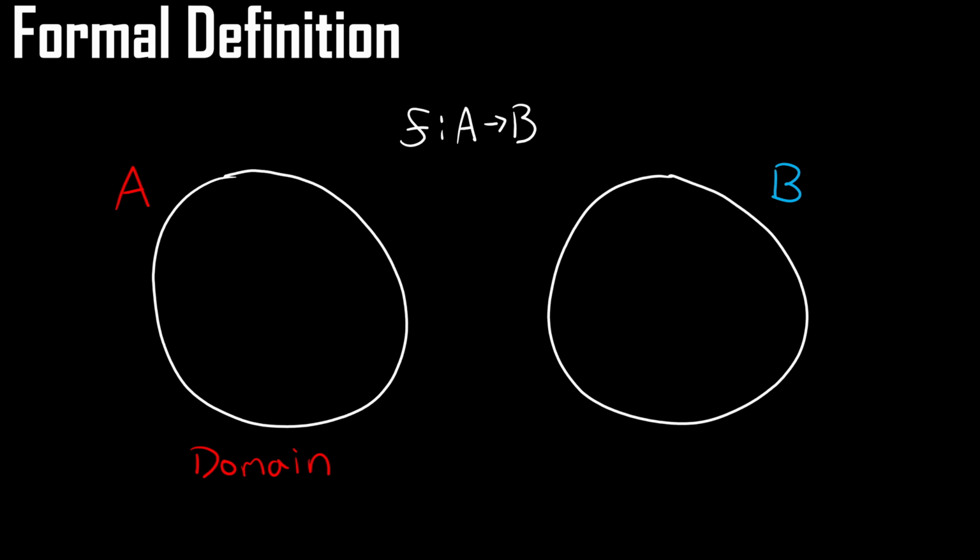And in this set is all valid inputs. Set B is our codomain, a set that contains all possible outputs.